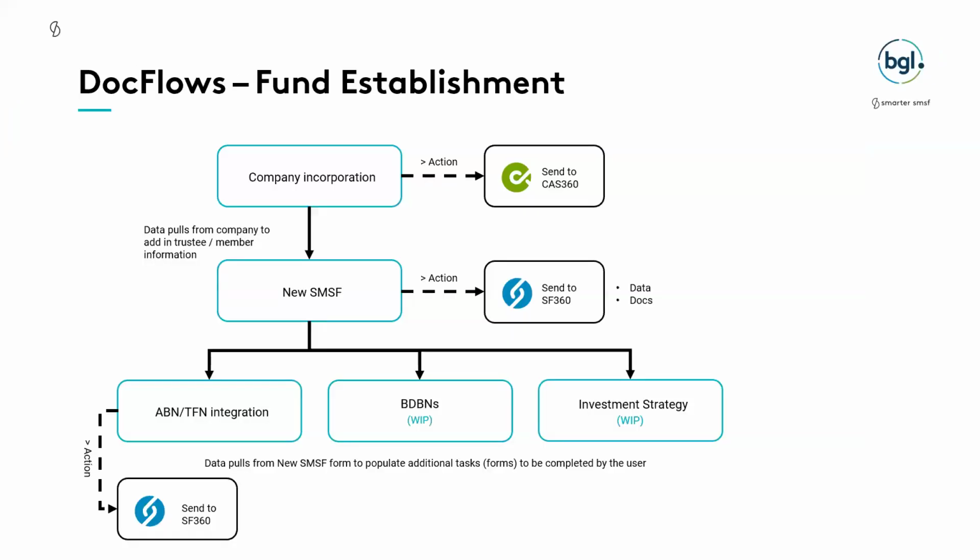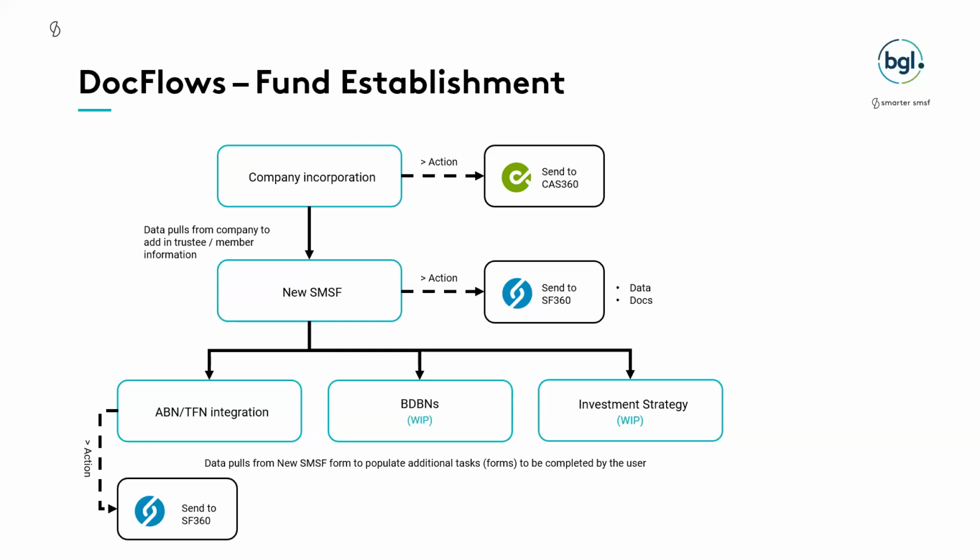So little things that we've done in more recent times is we've been building out these document flows. If you do a brand new fund establishment, you can naturally start at the ordering of a company, and once it's been ordered, you can use that action to send it into CAS 360. Once the company has been done, we then want to automate that flow from the company into the new SMSF.